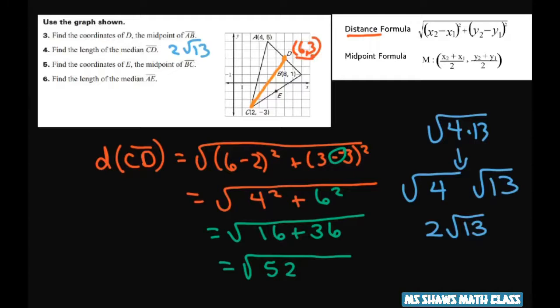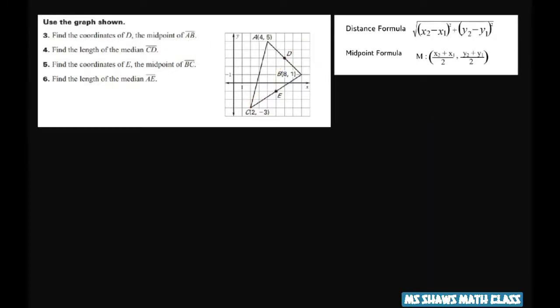And now we have to find the coordinates of E. So that's the midpoint here of BC. So this was 8 comma 1. So again, we're just going to use the midpoint of BC.